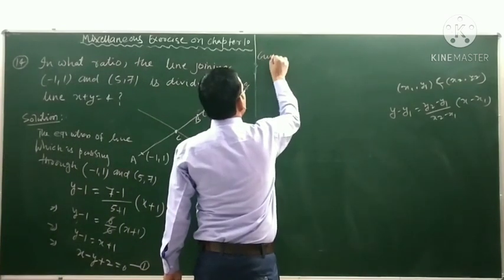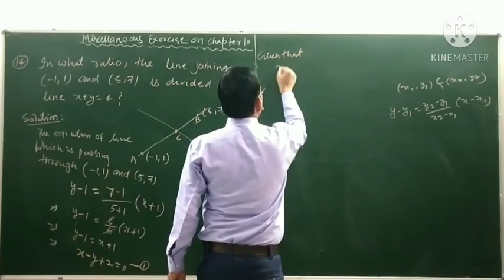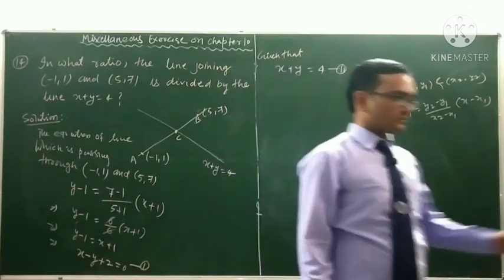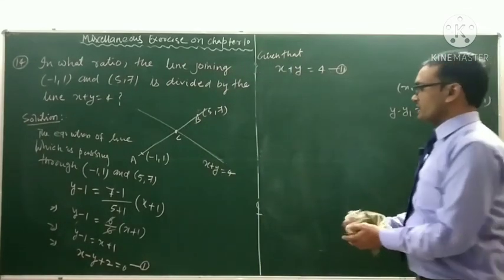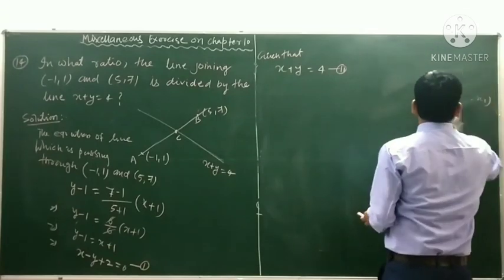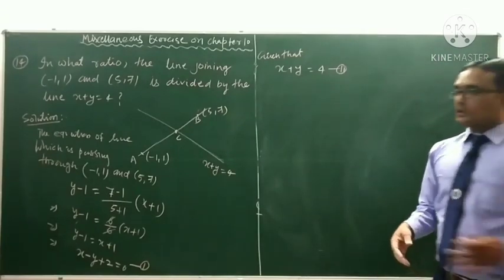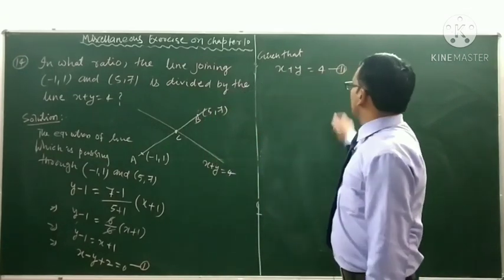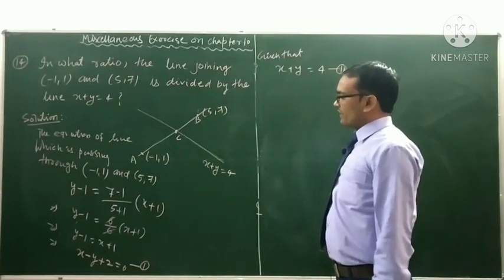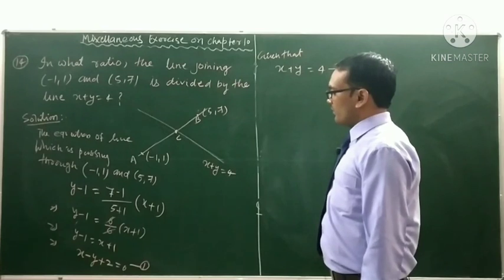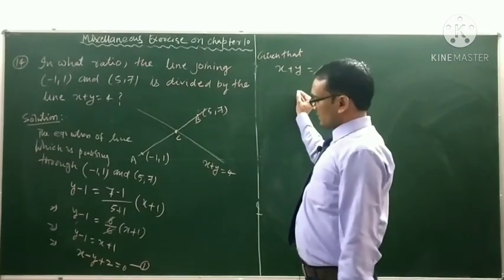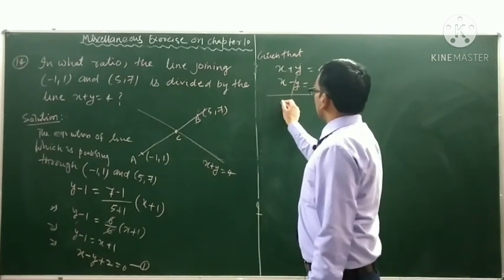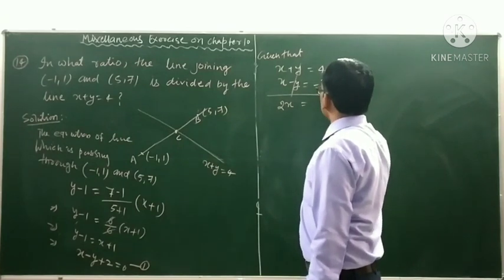And given that x + y = 4, which is denoted by 2. We solve these two equations, equation 1 and equation 2, to find the values of x and y. x minus y equals minus 2. Adding, the y terms cancel: 2x equals 2.